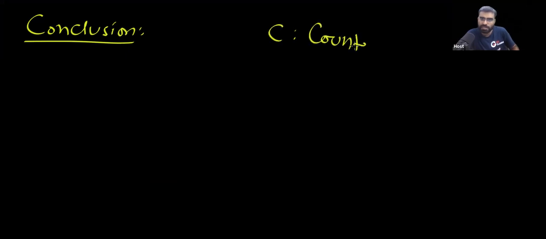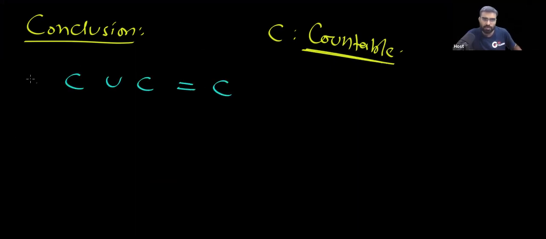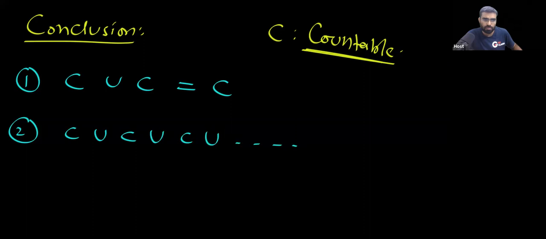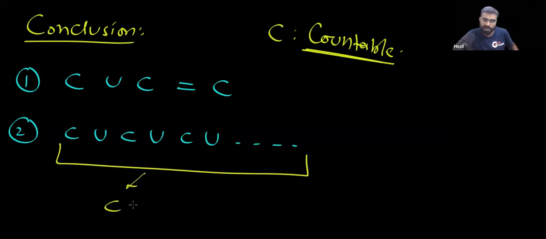So finally, I can say countable union countable is countable. The second point, countable union countable, and so on, countable infinite times, or I can say countable times, the result will still be countable.